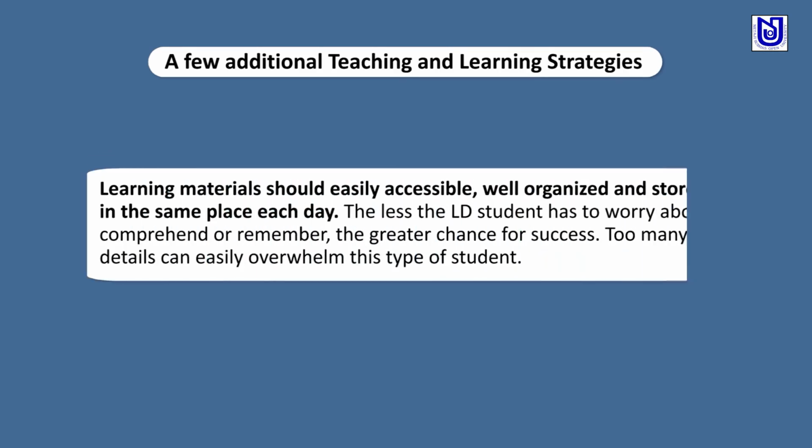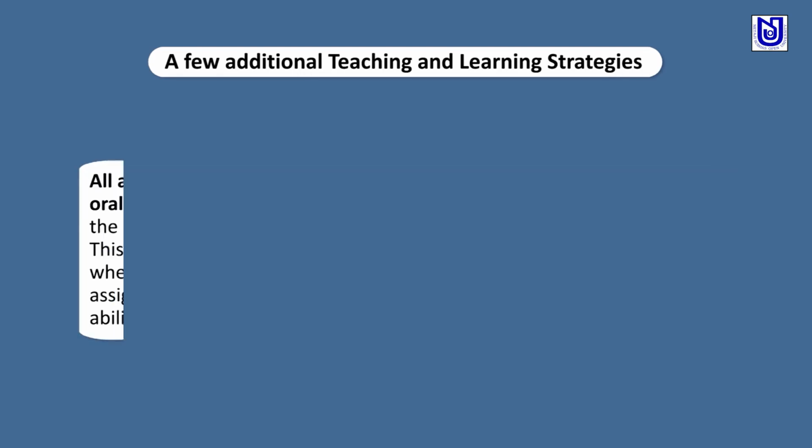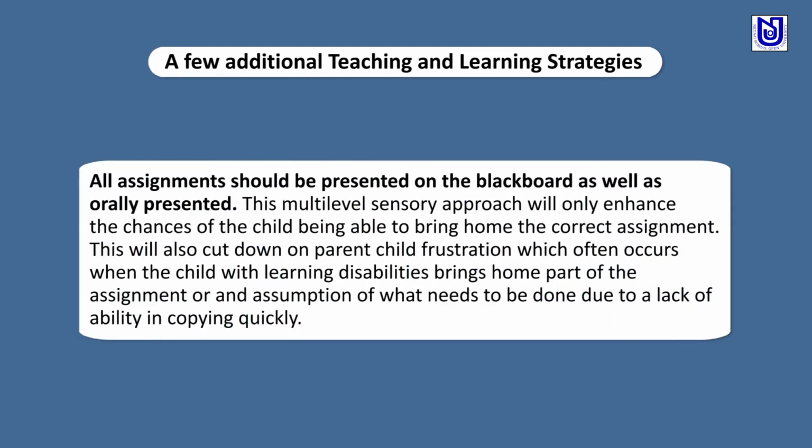Then learning materials should be easily accessible, well organized and stored in the same place each day. Another strategy is that all assignments we are giving them should be presented on a blackboard; nowadays we can send them through different media, and they can also be presented orally.